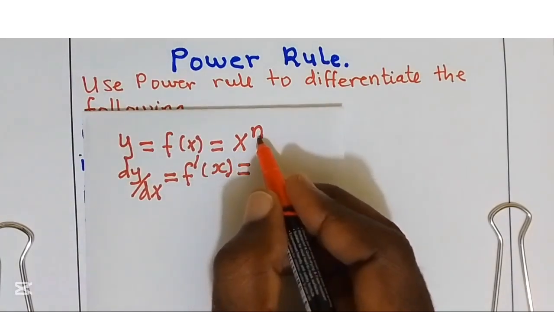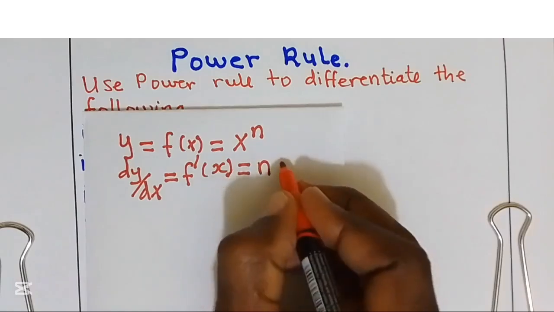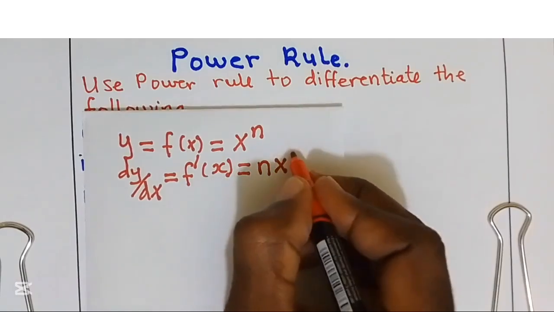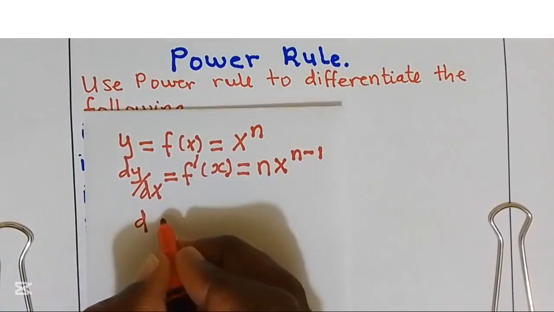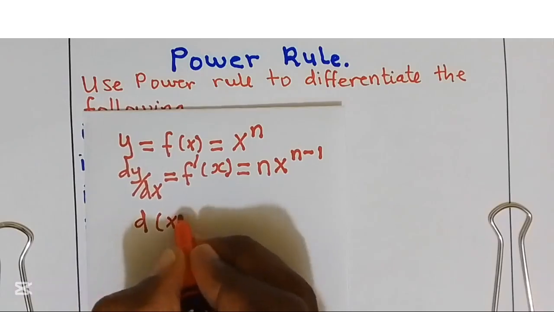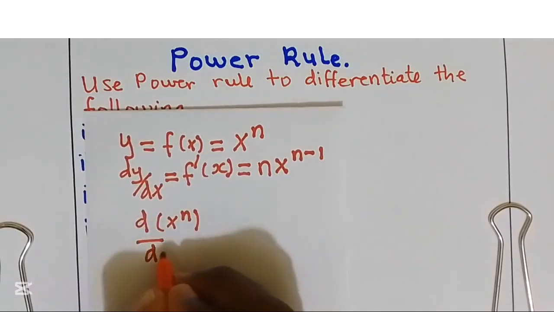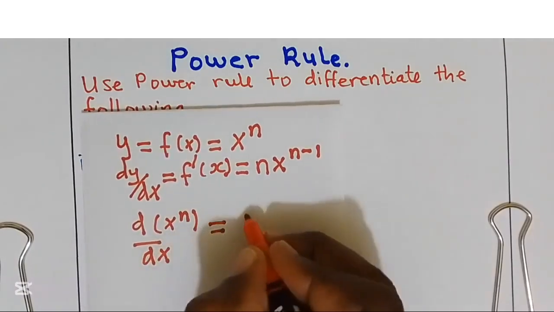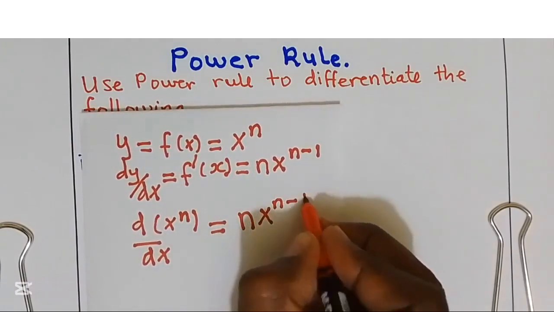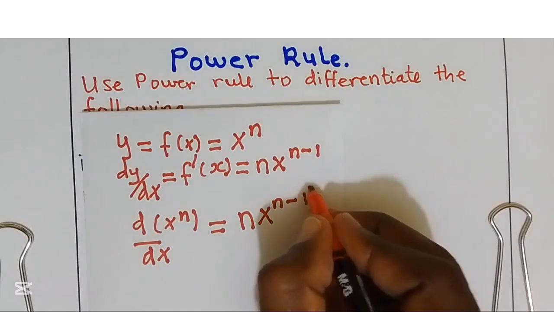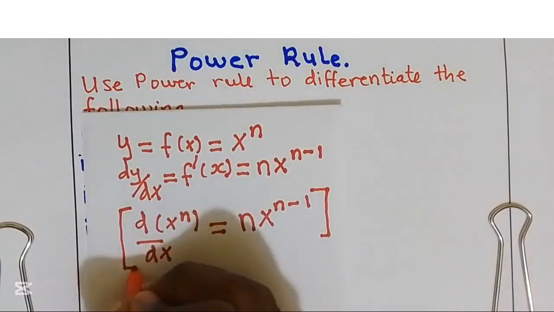We are going to drop the power down, then x, and then reduce the power by 1, that is going to be n minus 1. d of x power n over dx is given by n x power n minus 1. This is the power rule that we are going to use.